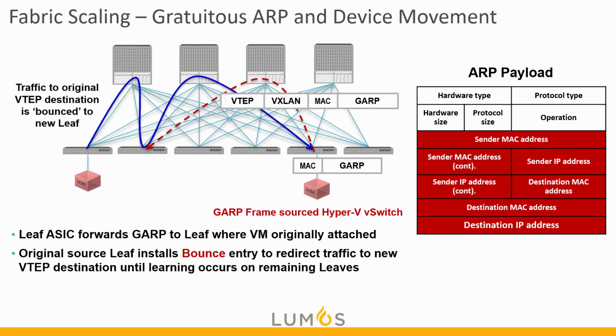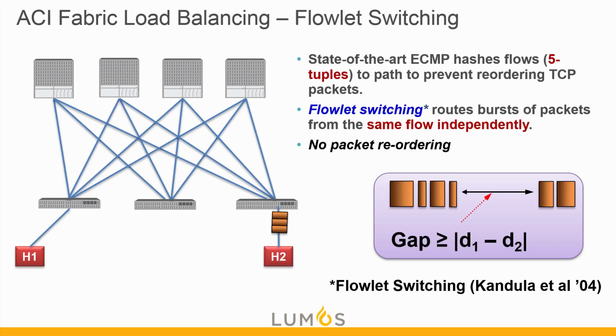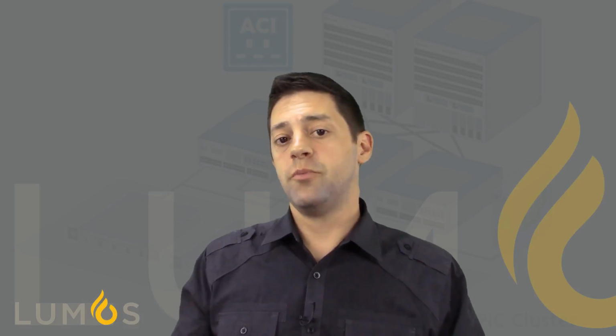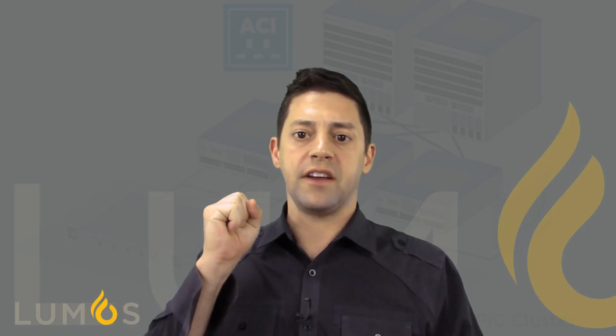Now, one of the other fabric innovations that I've been alluding to this whole time is TCP microflowlet switching, which was something that Kandula and his associates came up with 11 years ago, in 2004. Essentially, let's take a step back. TCP is very bursty in nature, so we'll see bursts of traffic.